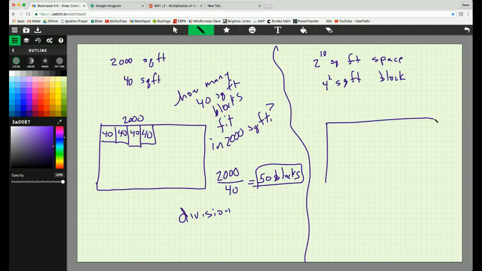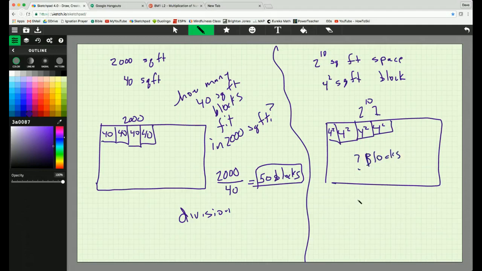So I have this big space that's 2 to the 10th, and each block is 4 squared. These aren't even, but just pretend they are all even. The answer would be, well, how many blocks fit? Similarly to over here, I think you guessed it, 2 to the 10th divided by 4 squared.